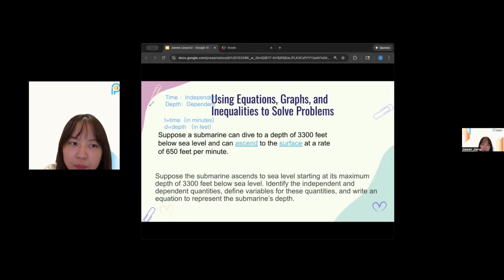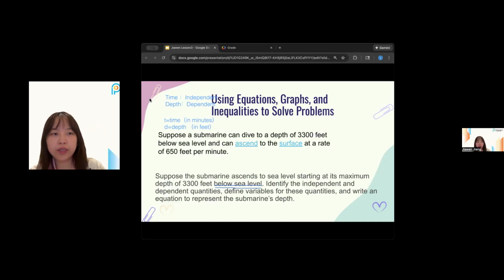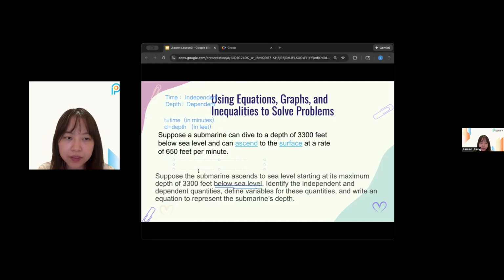Because it's below sea level, which means it's negative. So d equals negative 3,300 feet when t is zero. This is our starting point.